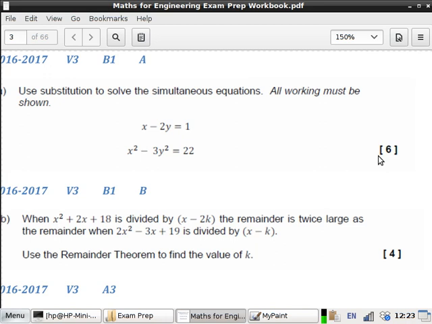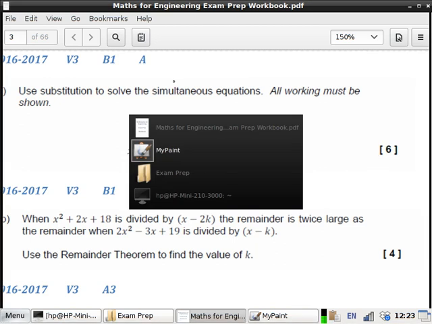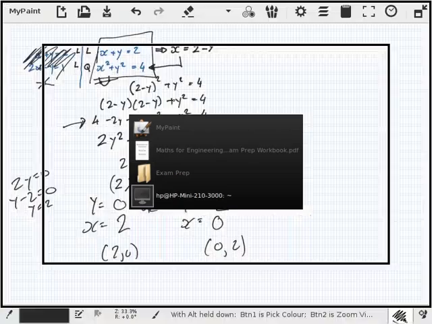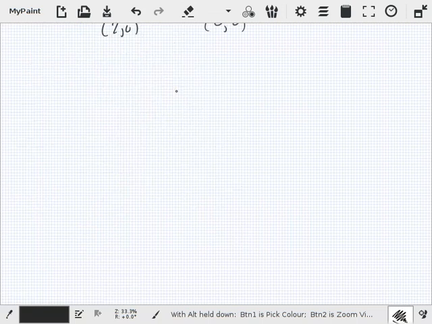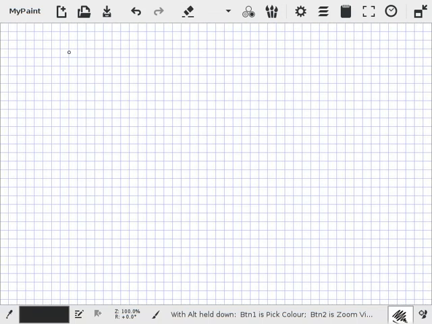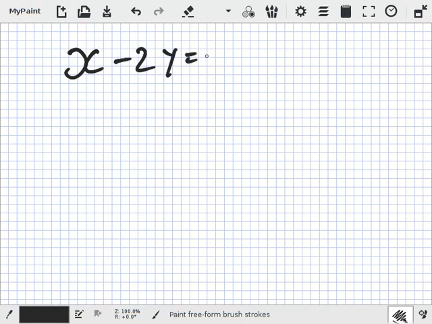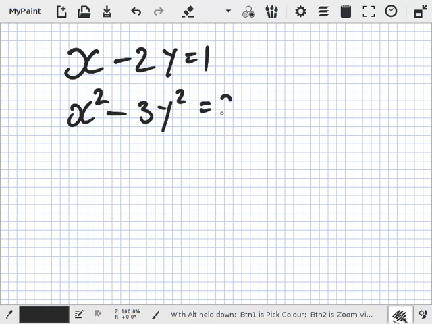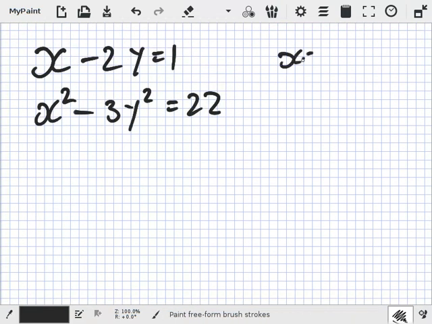You have the answers here. So, Anthony, if you don't mind, we'll do it together now. Tell me what you did first. First of all, I decided whether I was going to use x or y, which I was going to make equal to. So you had x minus 2y equals 1, and then x squared minus 3y squared equals 22. So you got x equals 1 plus 2y.